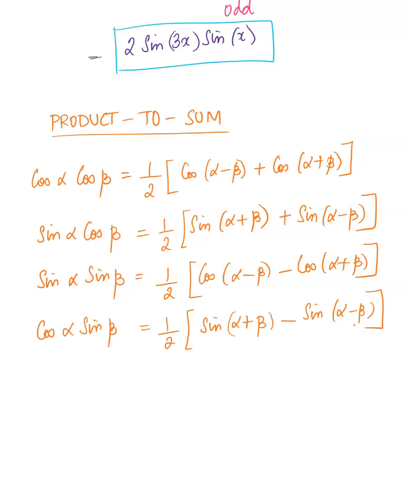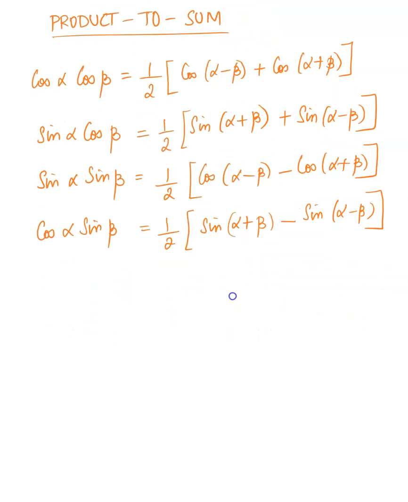So let's take the first example. Now they give us 2 cosine 2x minus 3 cosine 4x over 3.